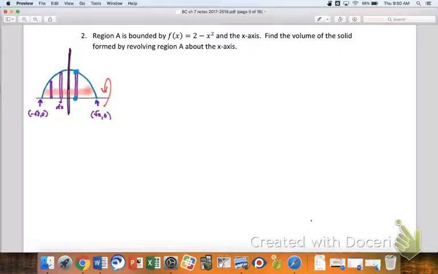Here's what someone could have done, and I think there would be merit for this. They could have said volume equals the integral from 0 to root 2 of 2 minus x squared dx. The pi would need to be there, but what else would need to be there? Times 2. So this should give you the exact same answer, because of the symmetry involved in this solid.